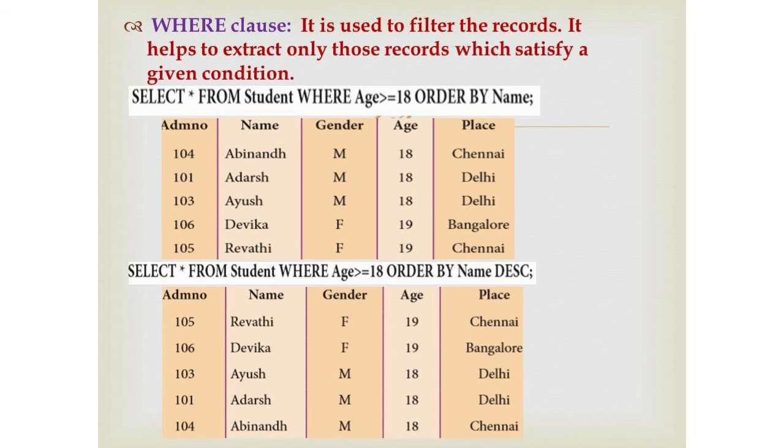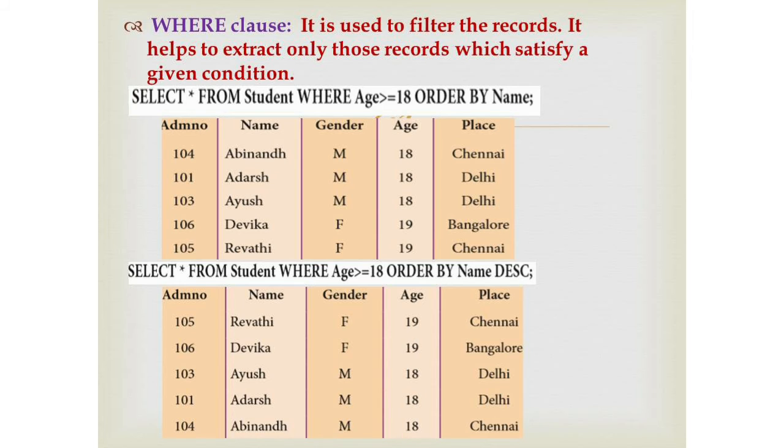Okay, now we'll see about the WHERE clause. The WHERE clause is used to filter the records. It helps to extract only those records which satisfy a condition. For example, in the student table, to display the list of students of age 18 and above in alphabetical order of their names, you can use a command like this: select star from student where age is greater than or equal to 18, then order by name.